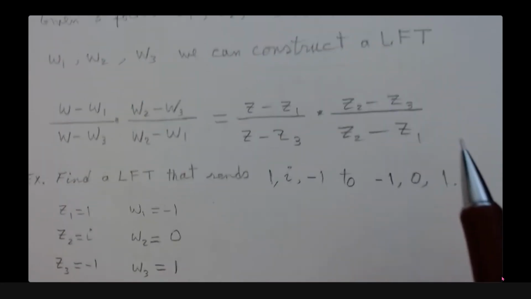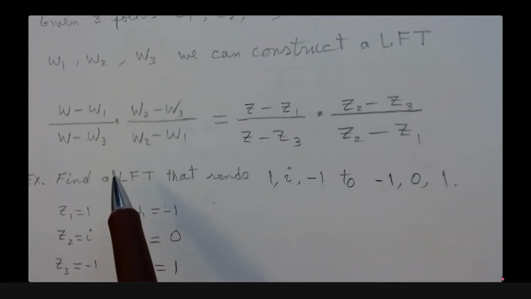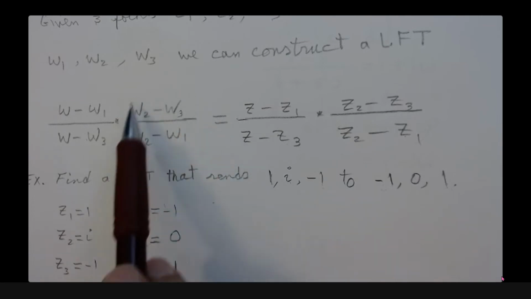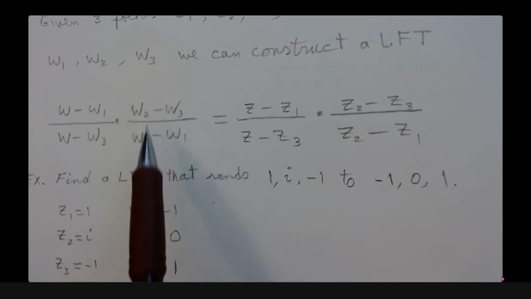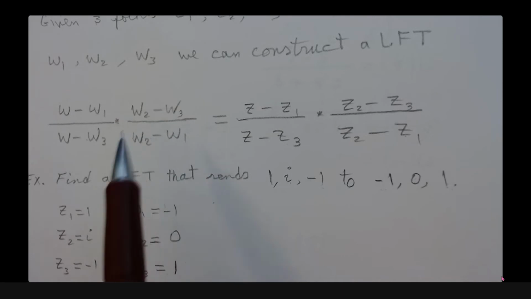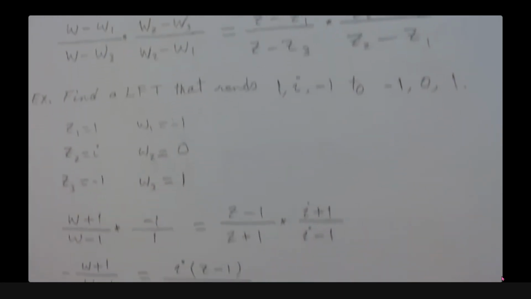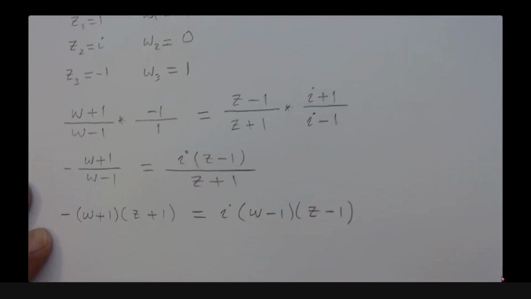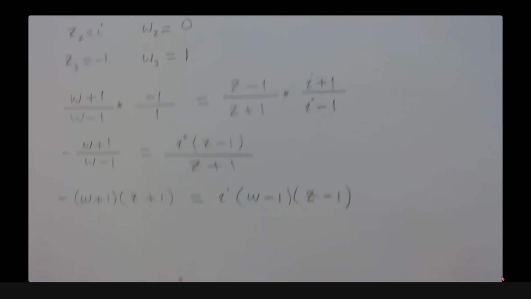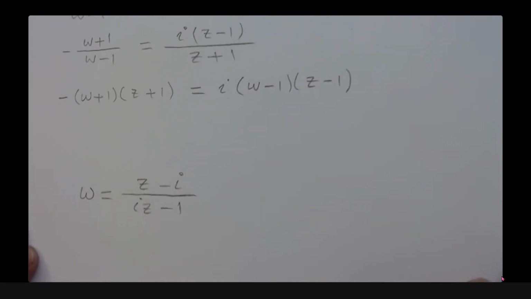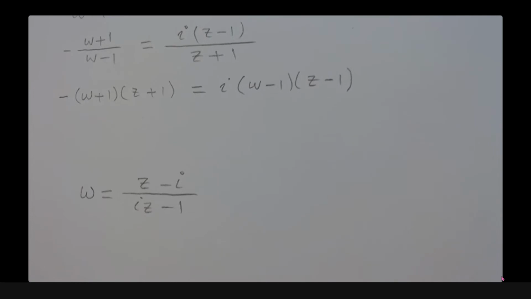Or if W2 is infinity, you will get rid of this fraction, the infinity over infinity, all right? But one thing that I would like to emphasize here is you don't have to just follow this formula or memorize this formula.